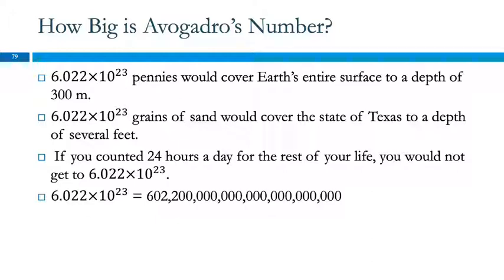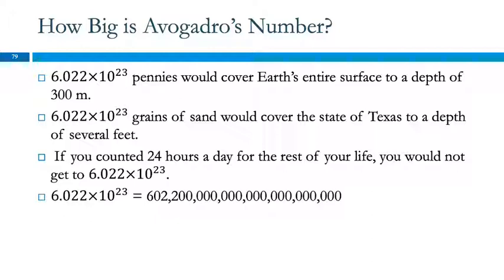That's a lot of pennies. It's a big number. If you had Avogadro's number of grains of sand, those are a lot smaller than pennies, it would cover the state of Texas to a depth of several feet. If you counted 24 hours a day, as fast as you could, for the rest of your life, you could not get to that number.